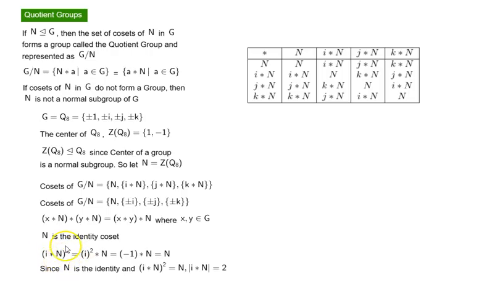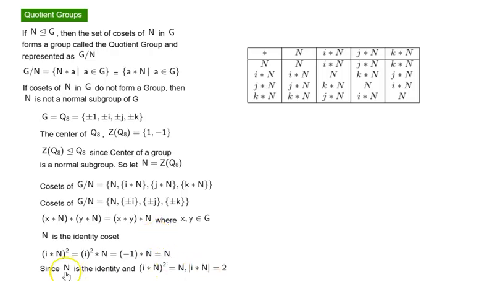I times N squared is equal to I squared times N. I squared we know is minus 1 times N. Now, N contains what? It contains 1 and minus 1. So minus 1 times 1 is minus 1. Minus 1 times minus 1 is 1. So that means this again gives us back the identity coset.